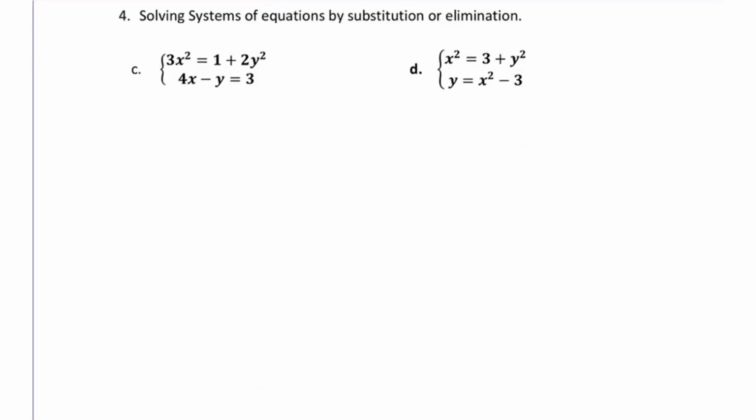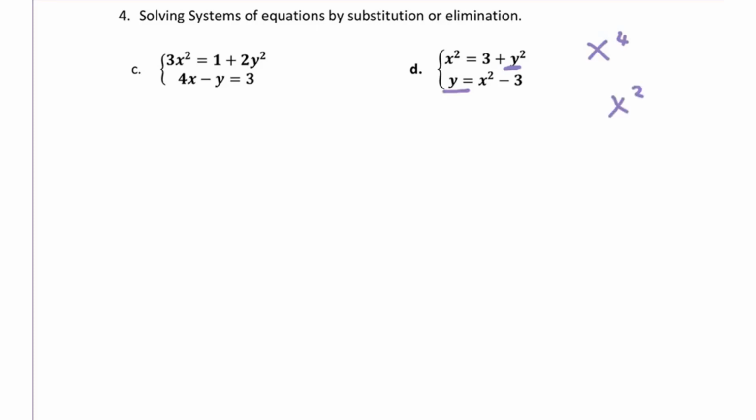For D, even though they give you y equals, when you plug into y, you will get x to the fourth power. We don't want to deal with a polynomial with the exponent 4. We are so familiar with x squared.